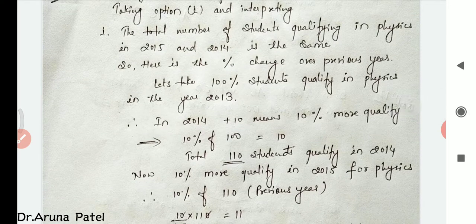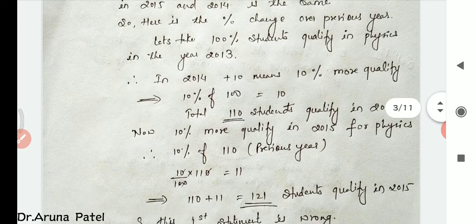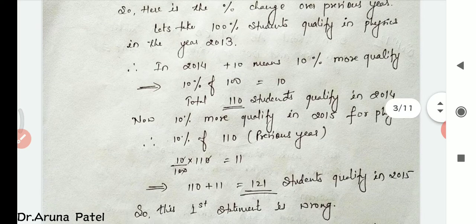Now 10% more qualify in 2015 for physics. The previous year for 2015 is 2014, so the number of students is 110, and 10% of that is 10 by 100 into 110, which equals 11 students. So in 2015, 110 plus 11 equals 121 students qualifying in physics.